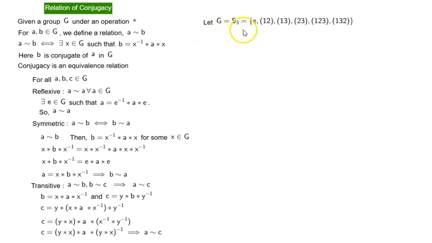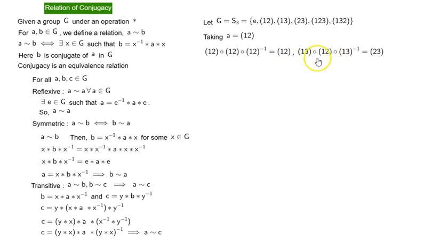Let G equal to S3, equal to E, permutation (1 2), permutation (1 3), (2 3), (1 2 3), and (1 3 2). Now let's take A is equal to permutation (1 2). So let's do the conjugation with permutation (1 2). So (1 2) times (1 2) times (1 2) inverse. Here (1 2) times (1 2) inverse is E. So we are left with permutation (1 2).